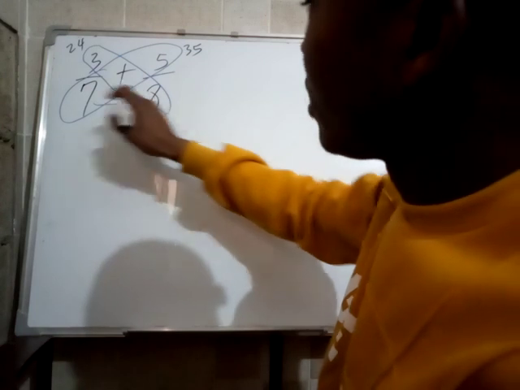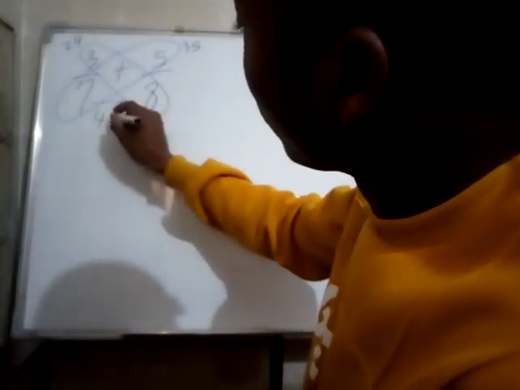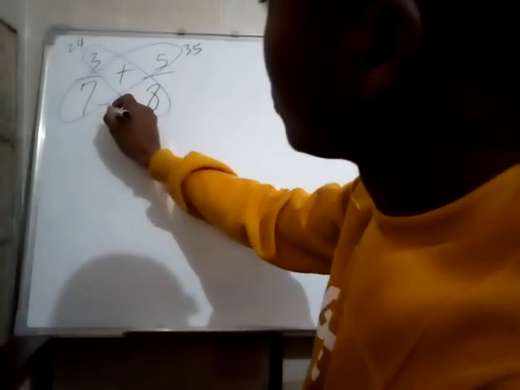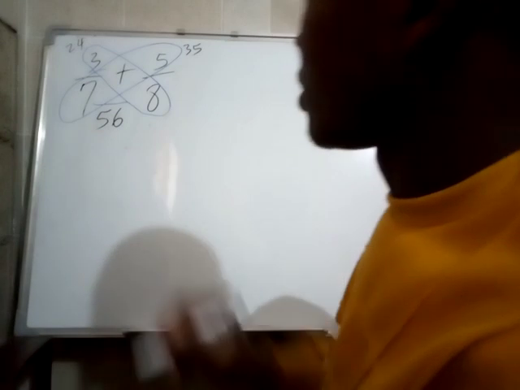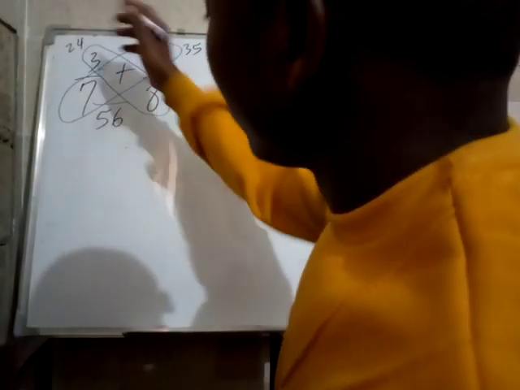And then we multiply the bottom numbers, 7 times 8 equals 56. Then we add our new fractions. We rewrite the fraction: we have 24 on top, over the bottom number 56.